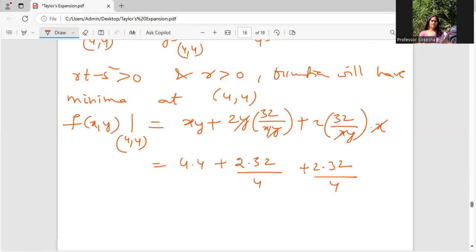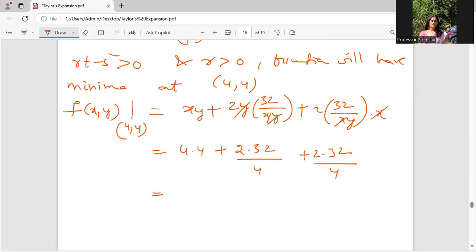So, finally, the minimum value turns out to be, I think, 48. The S is minimum at this point.